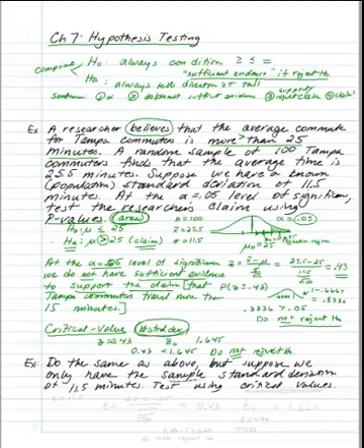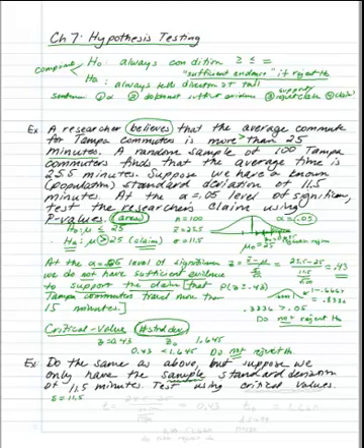Now, we're going to do the same exercise we just had, but we're going to say that the standard deviation, rather than being the population standard deviation, was actually the sample standard deviation, which is more than likely the case, right? If you're trying to figure out something about the population, you're not going to have the population standard deviation. So this time we have S equals 11.5.